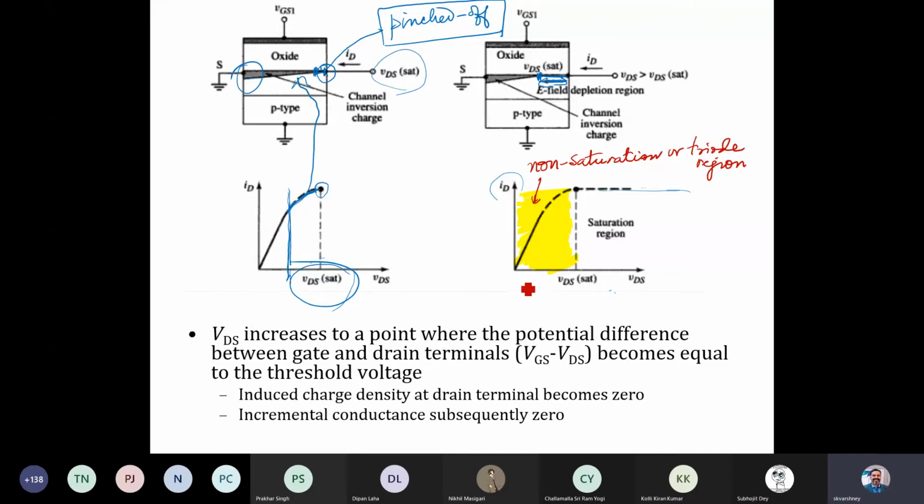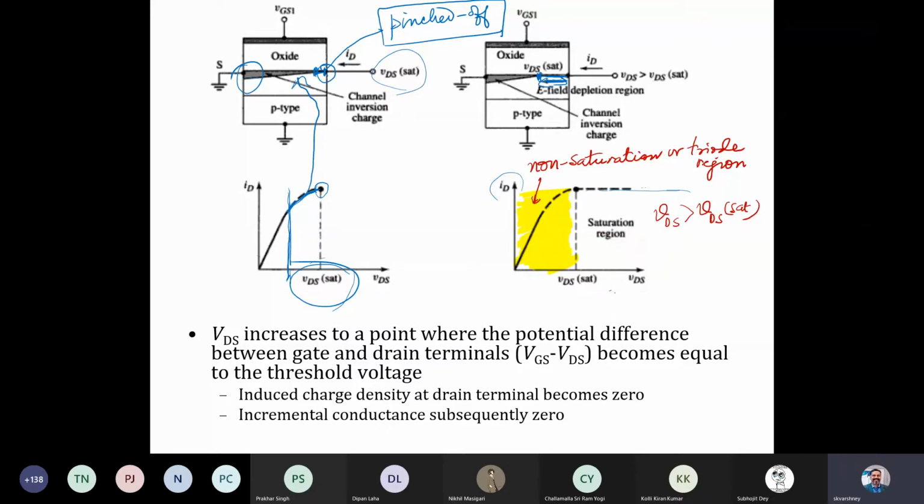This region, from 0 to VDS saturation, the MOSFET, whether it's N type or P type, is in the non-saturation or triode region. But as you go ahead, if the voltage applied at the drain terminal is larger than VDS saturation, this region is called the saturation region.